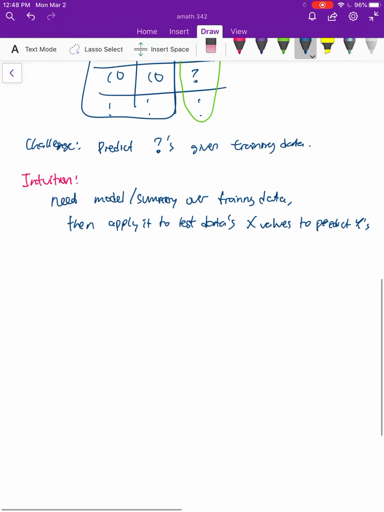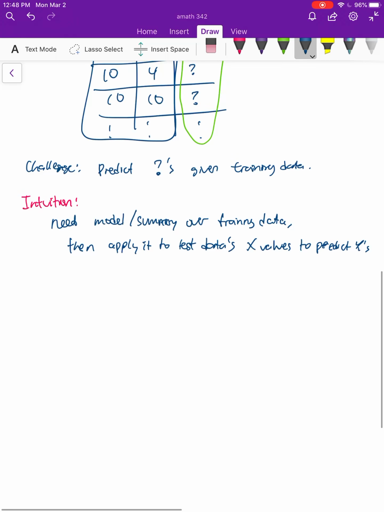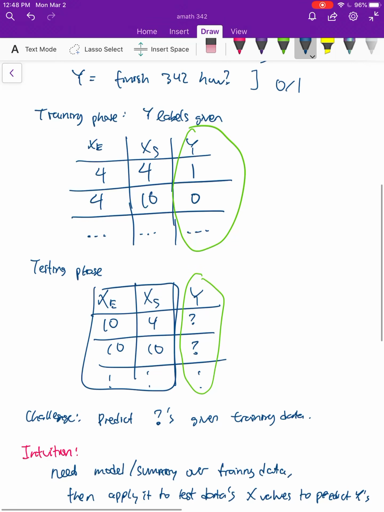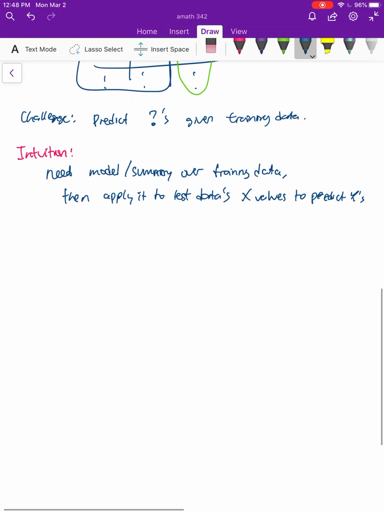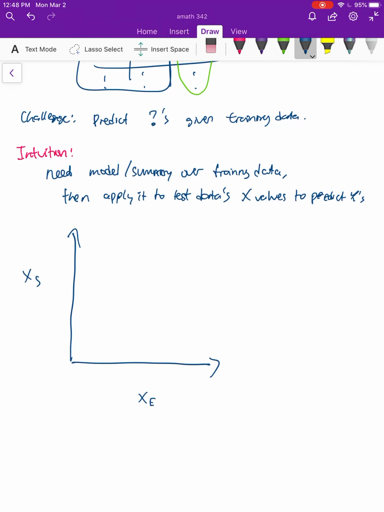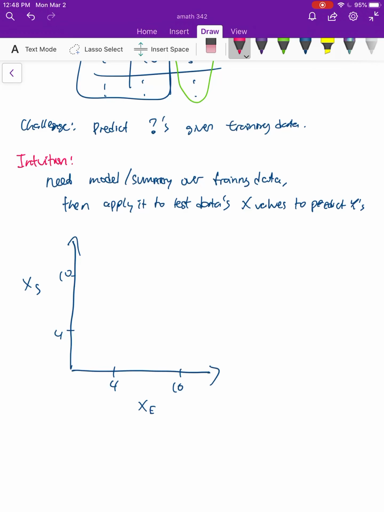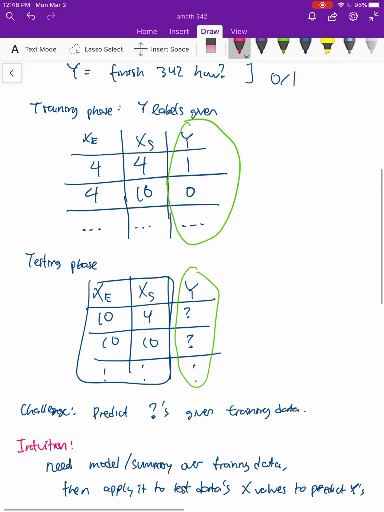Okay, let's explore this intuition further. I'm going to plot the training data graphically so we can see what's going on. Suppose the axes are XE and XS, and let's see, 4, 10. And then I'm going to plot each data point, each row here is one dot.